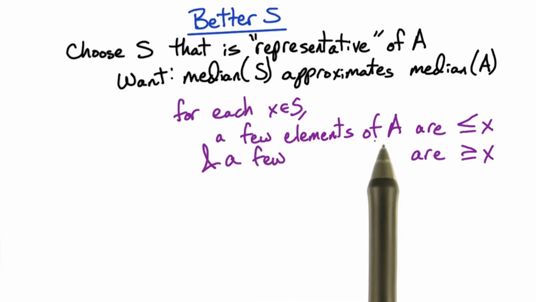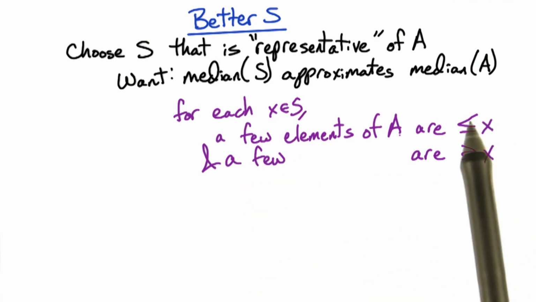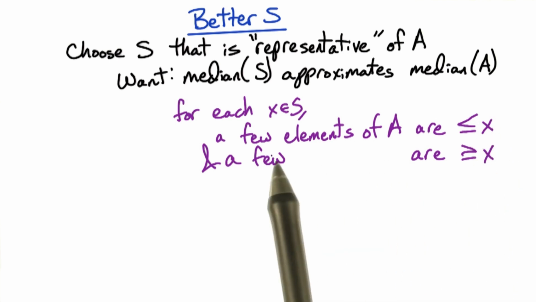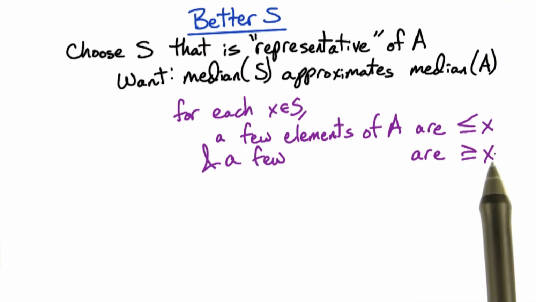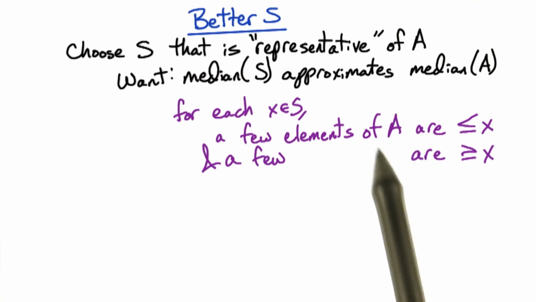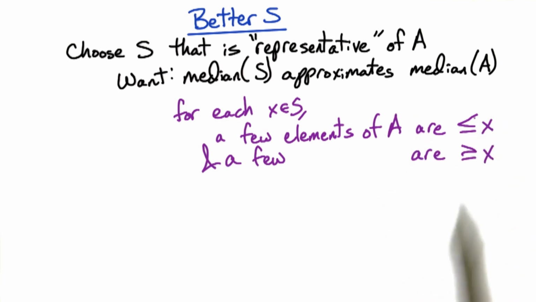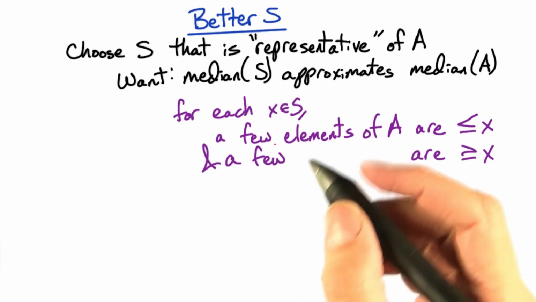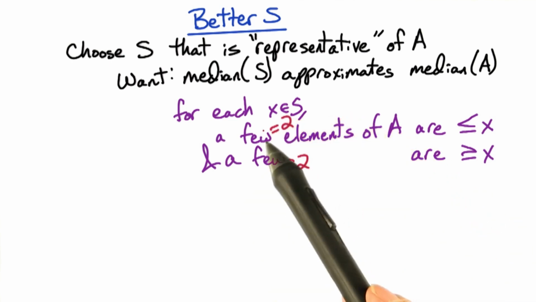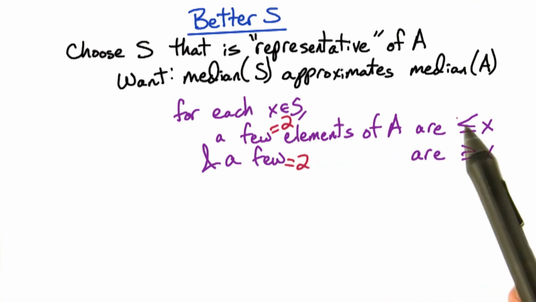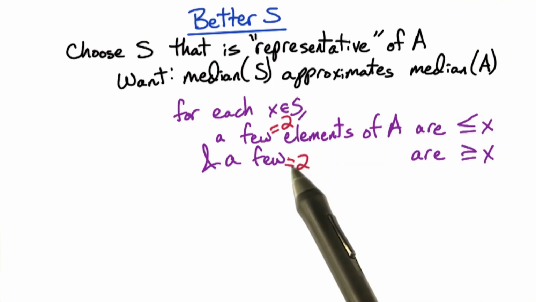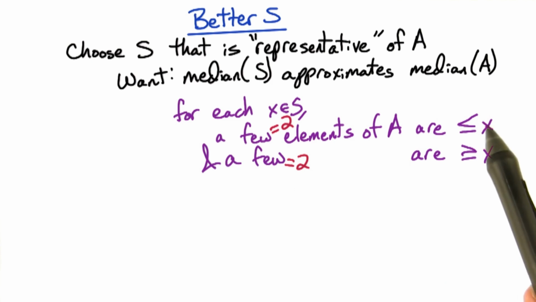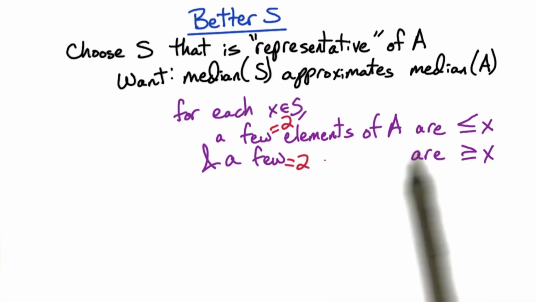We want that there's a few elements of A that we can guarantee are at most X, and a few elements of A are at least X, so that these elements of A are represented by this element X. What exactly do we mean by few? Well, let's say it's 2. So we have at least 2 elements of A which are at most X, and at least 2 elements which are at least X, and then if we add in X itself, then we have 5 elements here that we're considering.